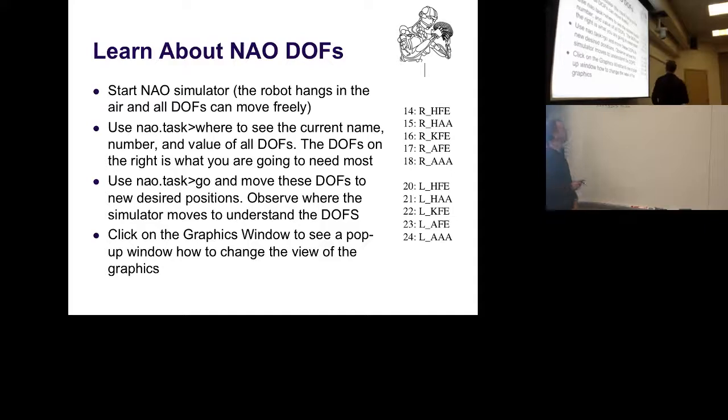It's not that many. And then one of the very useful commands for you to use is the where command, which will simply list you all degrees of freedom, their current position, their current velocity, their current acceleration. Okay? If you do that, you see all these degrees of freedom.